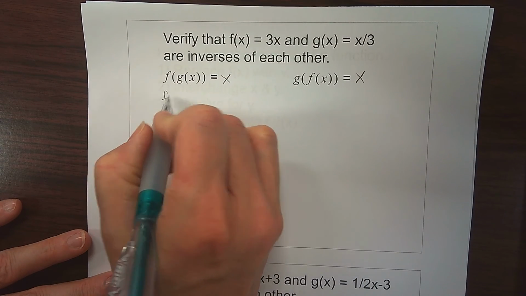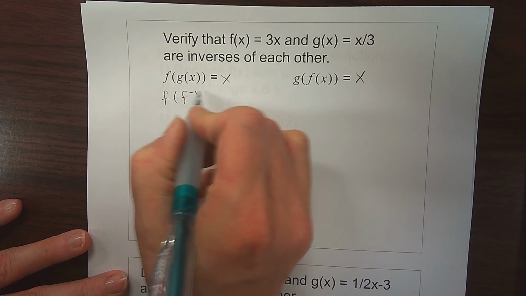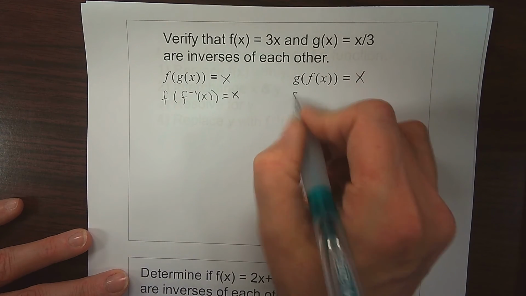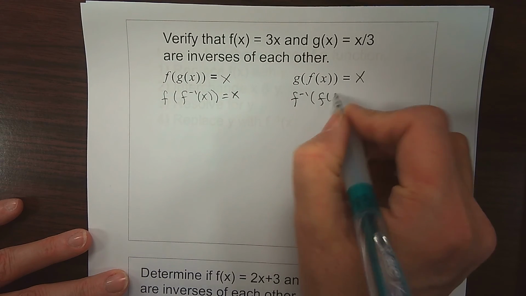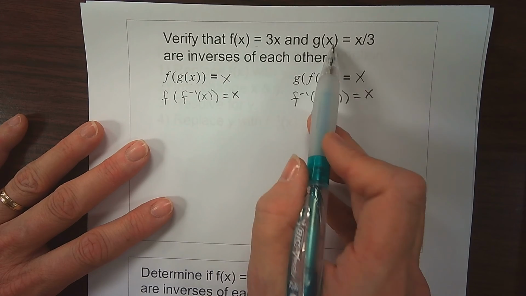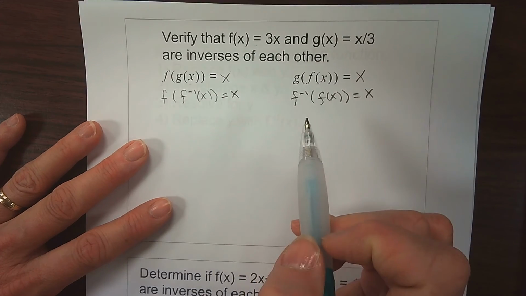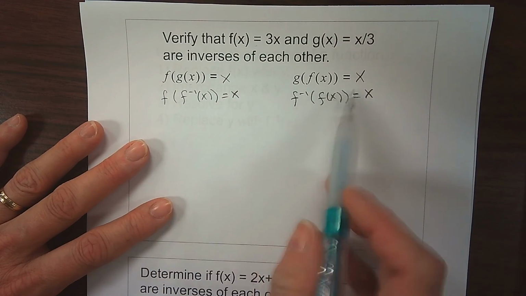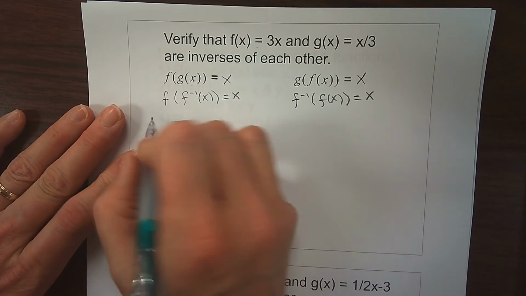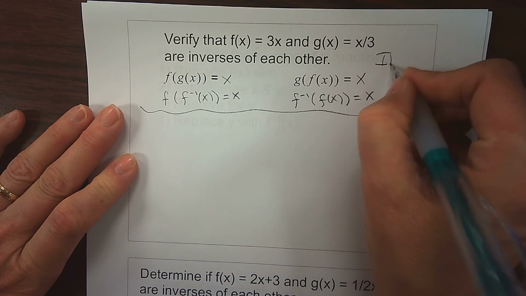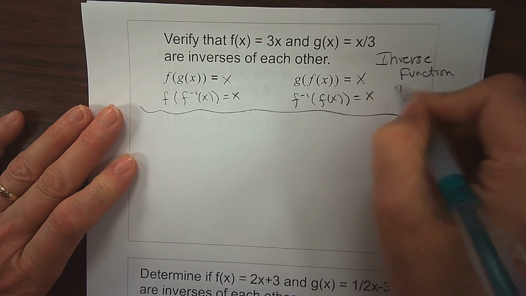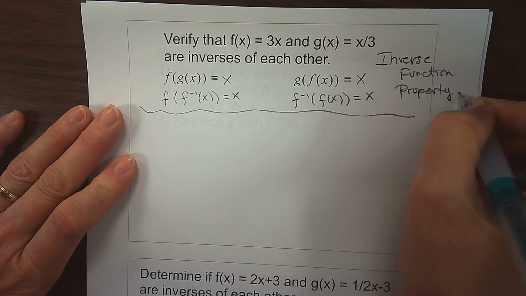It says f of f inverse of x equals x, and f inverse of f of x equals x. That means the same thing because we're claiming that f of x and g of x are inverses of one another. So these two mean the same thing, just different notation. All right, so that is our inverse function property. Again, read about it in your text if you'd like to.